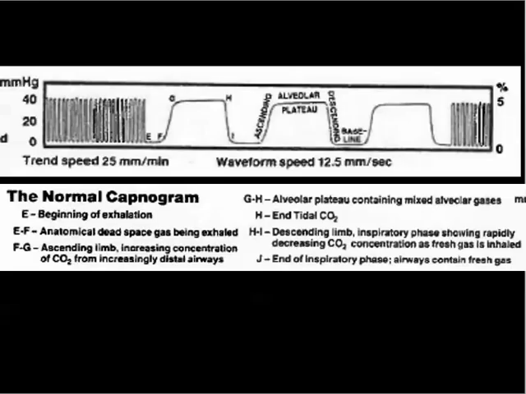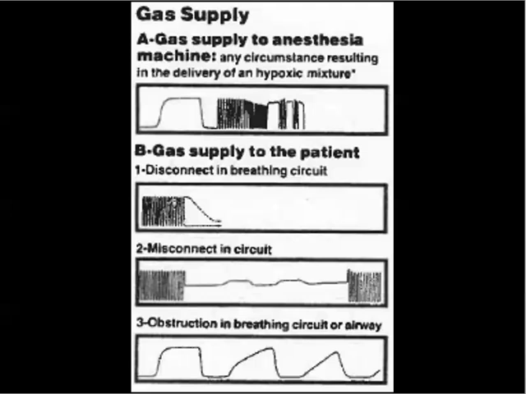When you're looking at a capnograph tracing, for example, here's the kind of information about what's in the capnograph, where you have the inspiratory and expiratory, and then it shows you where you're reading the end-tidal CO2 at the end of expiration, and then the sharp inspiration, and it goes on, of course, to give various other examples of what the capnograph looks like when there's a problem.